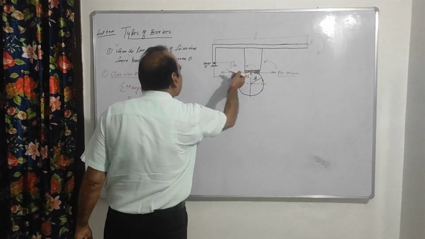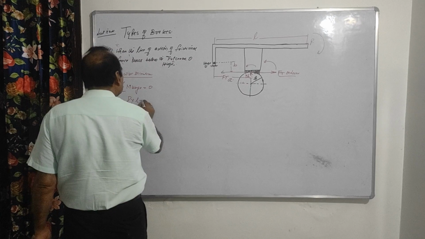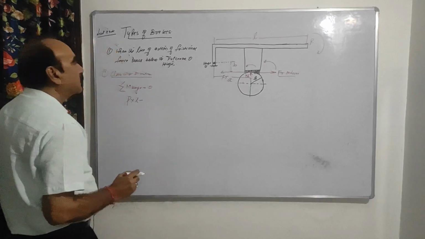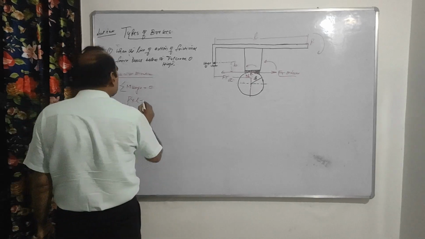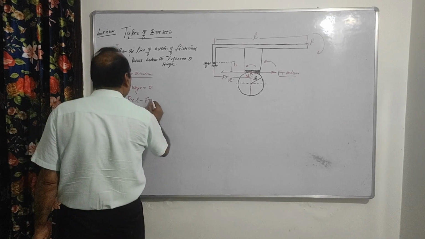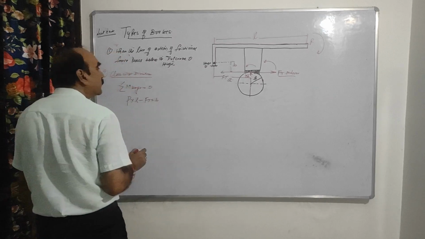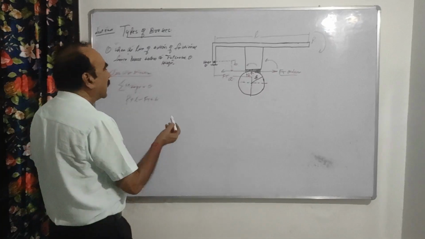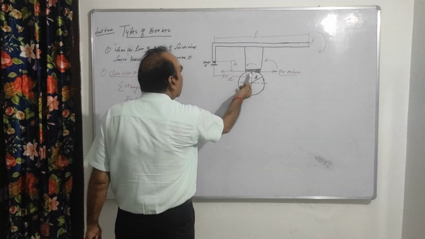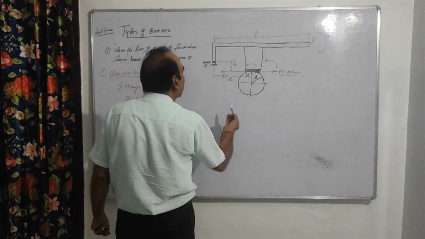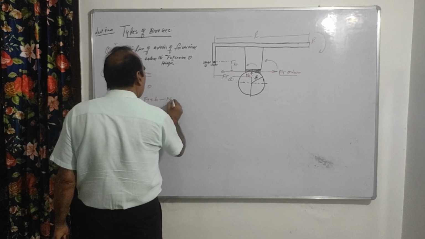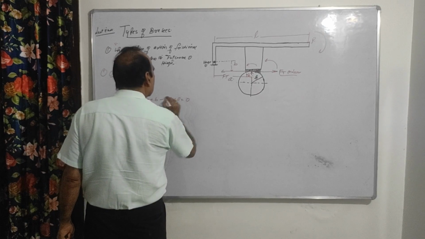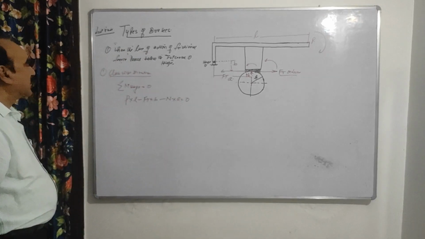Ft's distance from the hinge, this is B, minus Ft into B, and this is your N, this is also anti-clockwise direction, this is N into A, this is equal to 0, right?